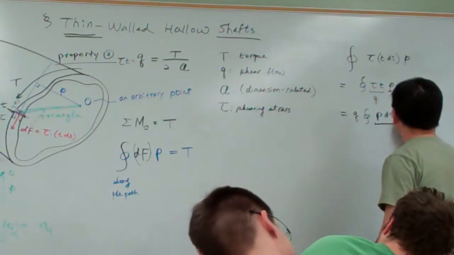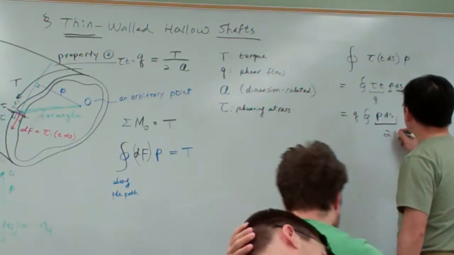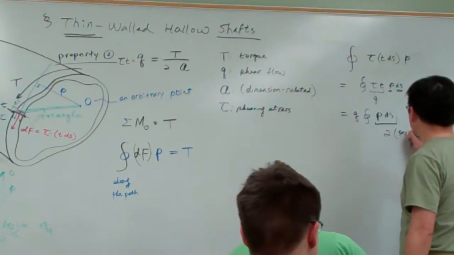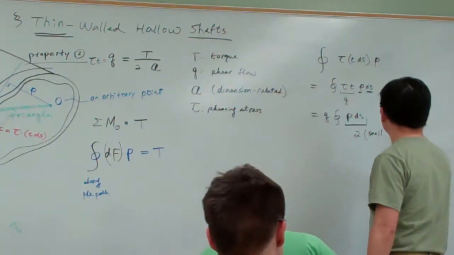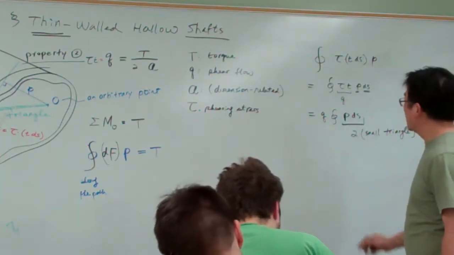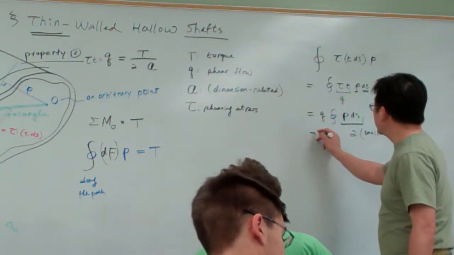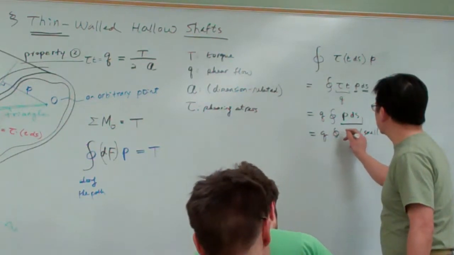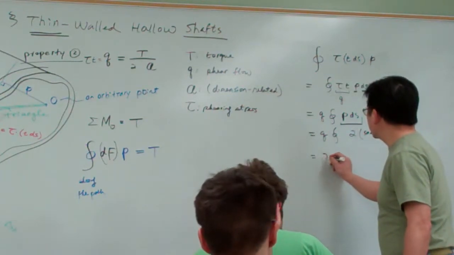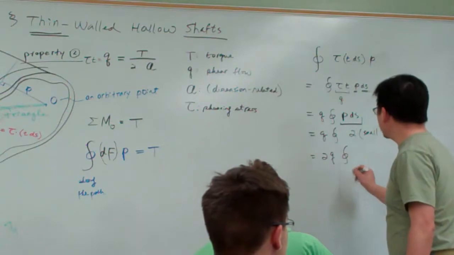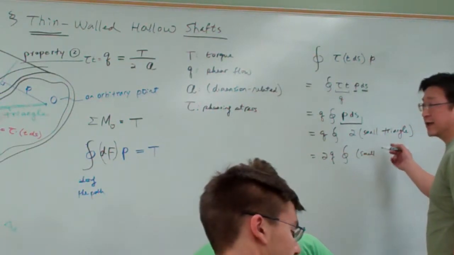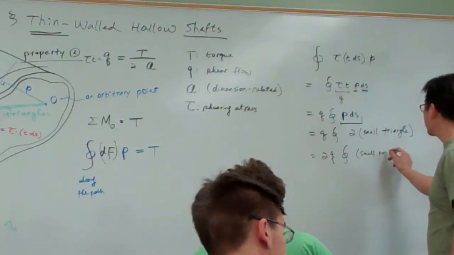Okay. So basically this is 2 times the small triangle. So once we do the integral of this one, then you can see we take the q out. So we do the integral of those small triangles. We take the infinitesimal summation of small triangle pieces.